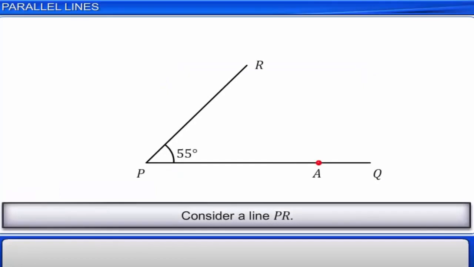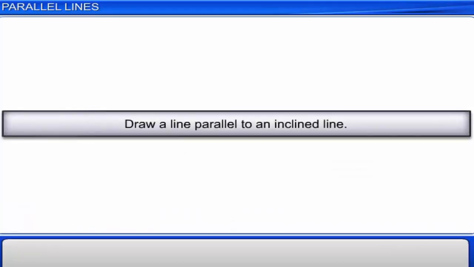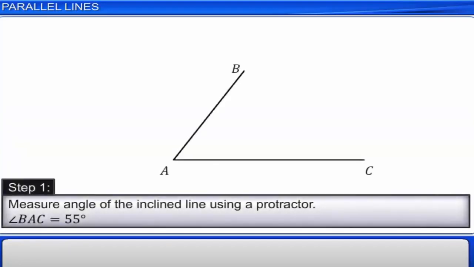If we consider a line PR which is inclined at 55 degrees as shown, it is difficult to draw a line parallel to PR using a set square. Let us now look at drawing a line parallel to an inclined line. To draw a line parallel to AB, first measure the angle BAC using a protractor.